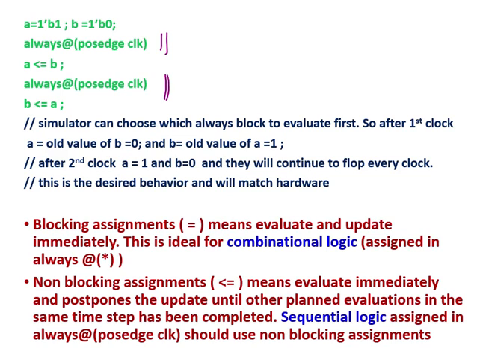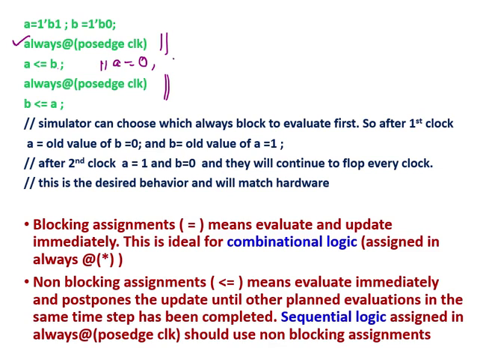When the first positive edge of the clock comes, what will happen? a will get the old value of b. If, for example, this block is executed first, b was 0, so a will get 0.